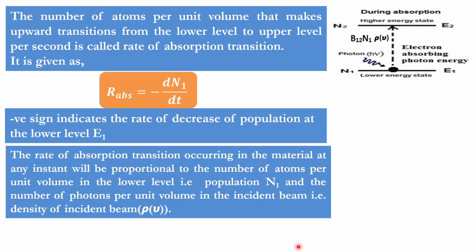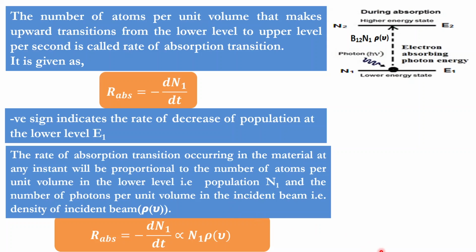The rate of absorption transition occurring in the material at any instant will be proportional to the number of the atoms per unit volume in the lower energy level, that is, the population N1, and the number of the photons per unit volume in the incident beam, that is nothing but the density of the incident beam.